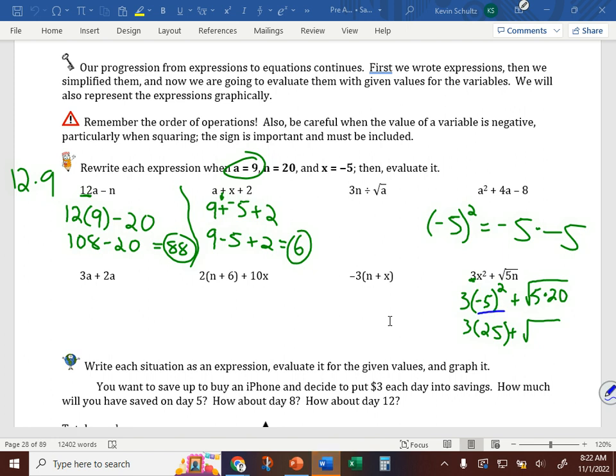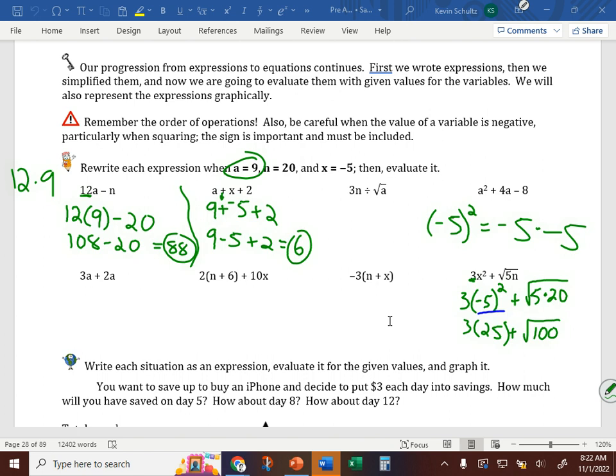And then within our root, what's 5 times 20? Within our root, Maya? 100. Right? Which we like, don't we? Because what do we know about 100? It's a perfect square. This will work out evenly, and we're happy about that. Okay? So now, we have 3 times 25.